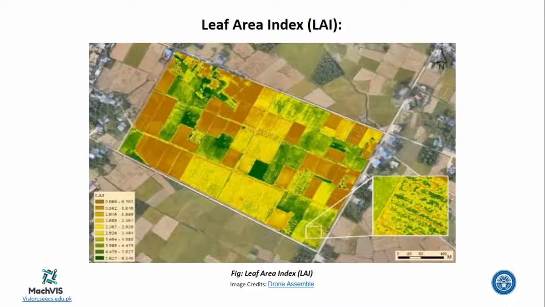This was the stressed region in the previous visualization. You can see the yellowish region shows low values of the leaf area index. And this particular region was very healthy in the previous visualization, so you can see high values of leaf area index.